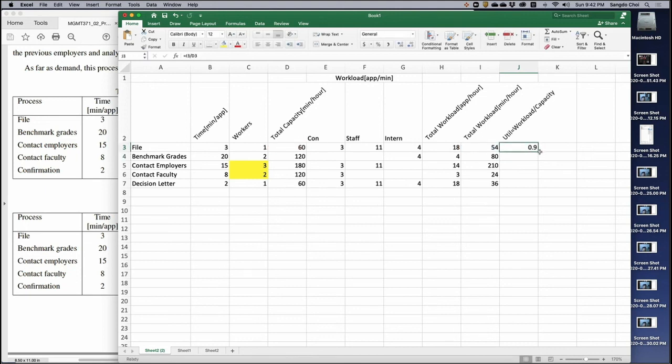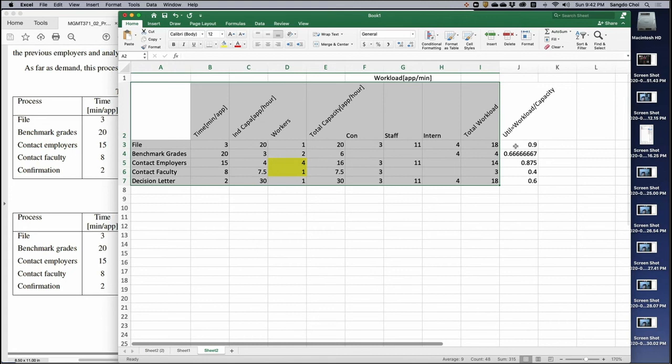Then you have this. Now, are you familiar with these numbers? The previous ones were 90%, 66%, 116%, something like that. So you can see the same numbers, right?